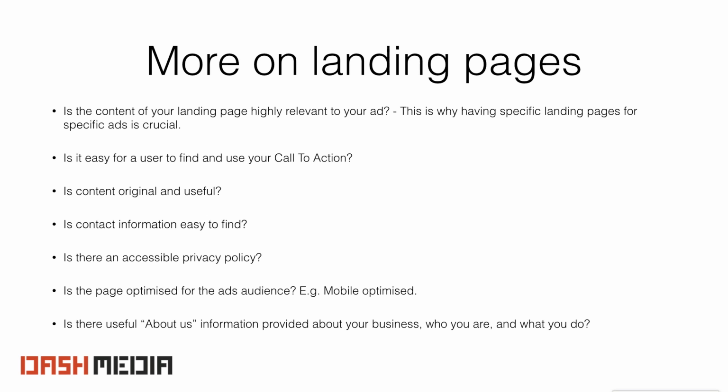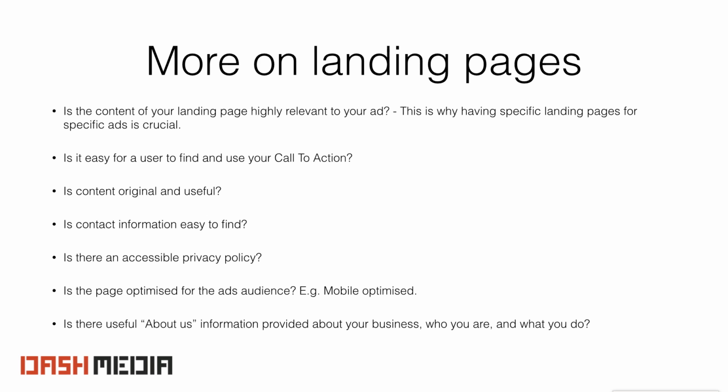All right, and this is why sending people to the home page of, say, your wider company site is a bad idea, because if your ad is about a specific product within your product range and people are interested in that product, that's what they want, and they click your ad about that product, and then they end up on a page that might talk a little bit about that product but then talks about everything else that your company does, well, that's not very highly relevant, is it?